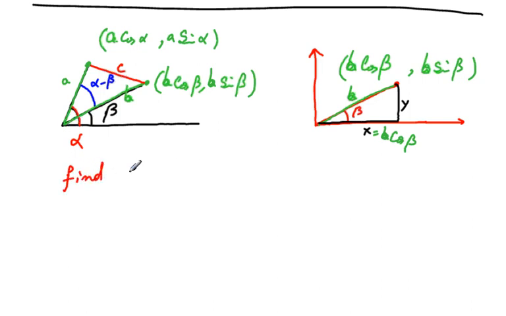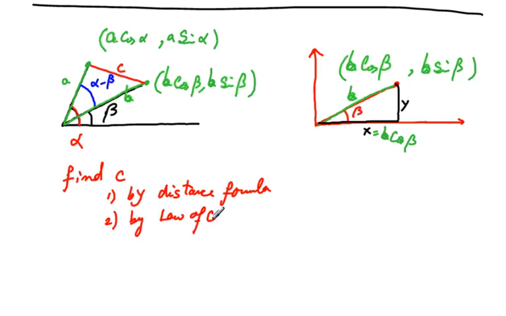Find C first by distance formula. Two, by law of cosines. Since the distance has to be same either way, when we set the 2 answers equal to each other, we get what we have been working so hard for.